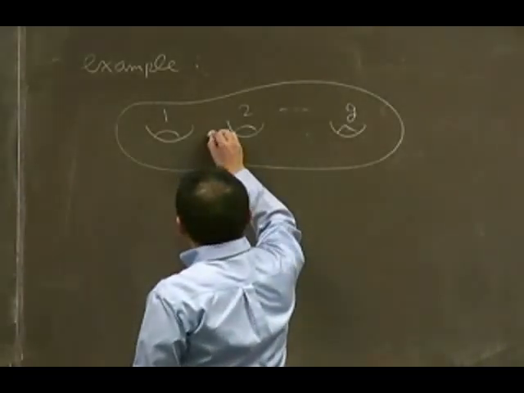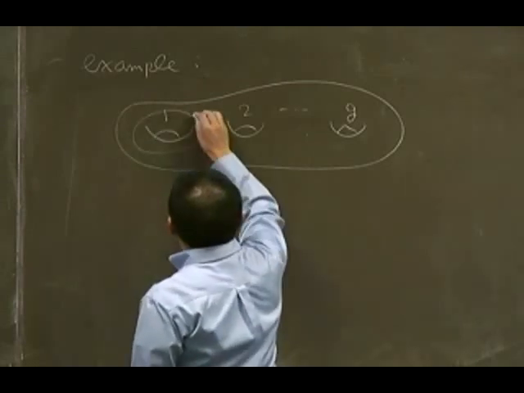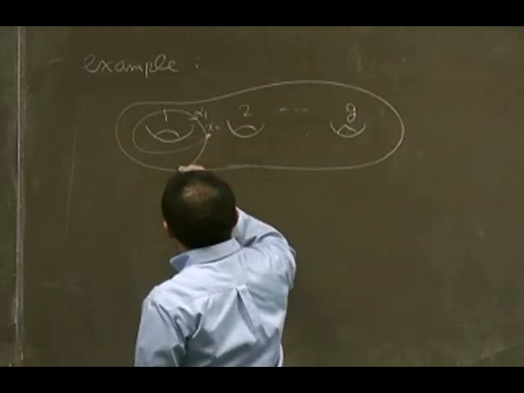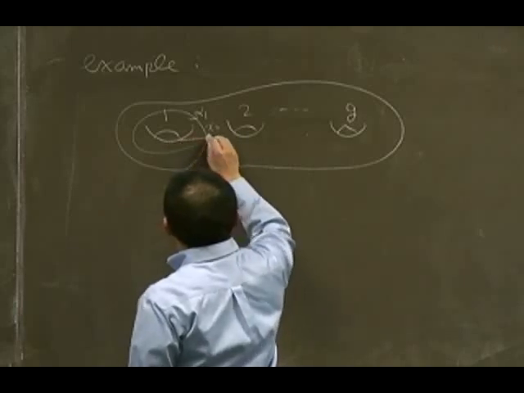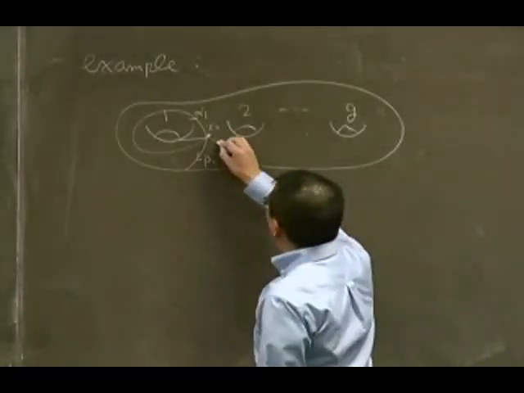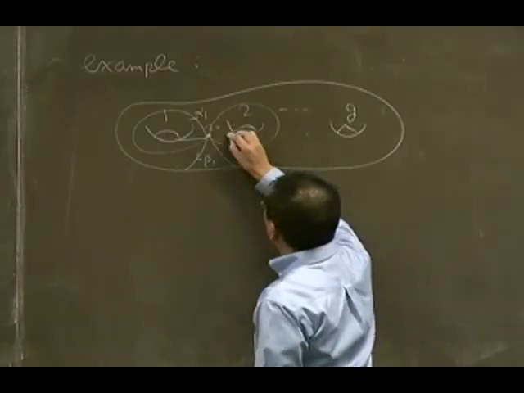So we pick a base point, x naught, and the first generator, I call that alpha 1. And then another generator goes around this handle like that, call that beta 1. And then alpha 2 obviously goes around this one like this, and then beta 2 goes around this like that.